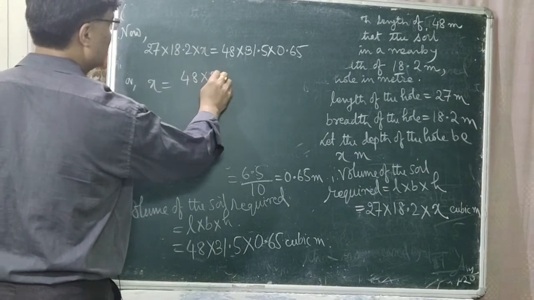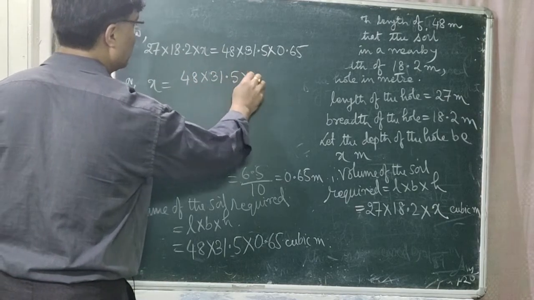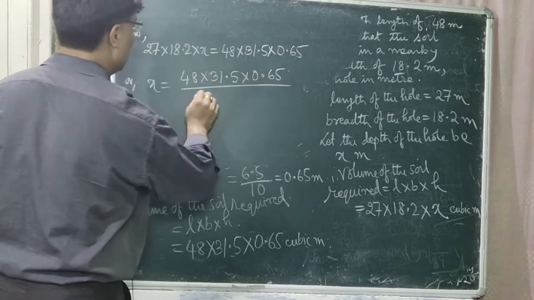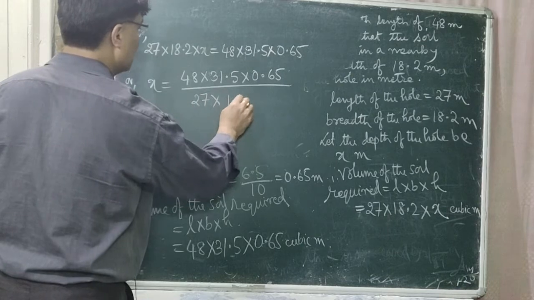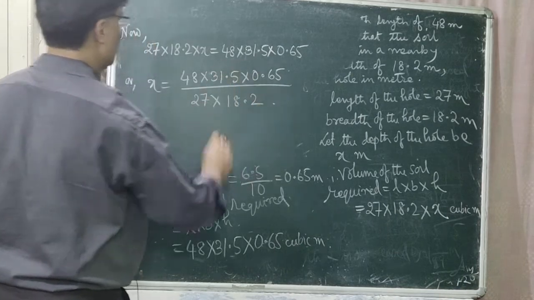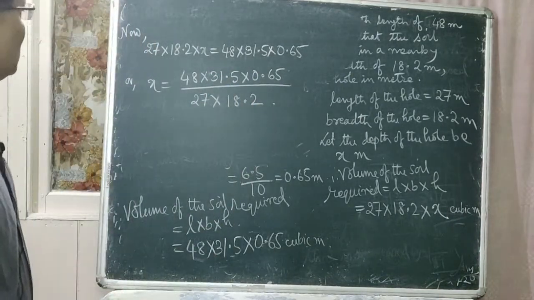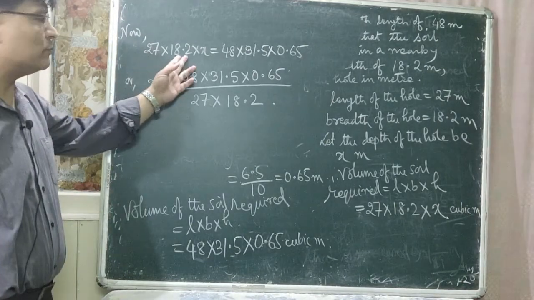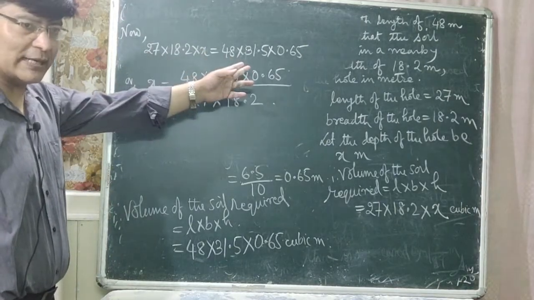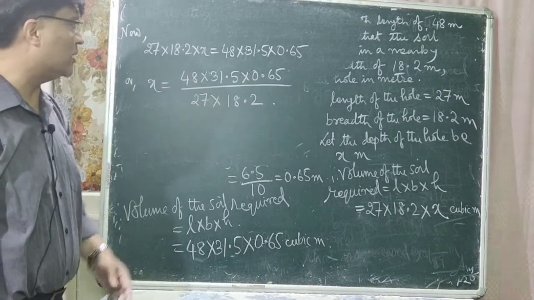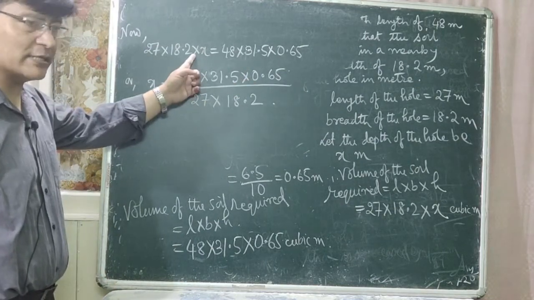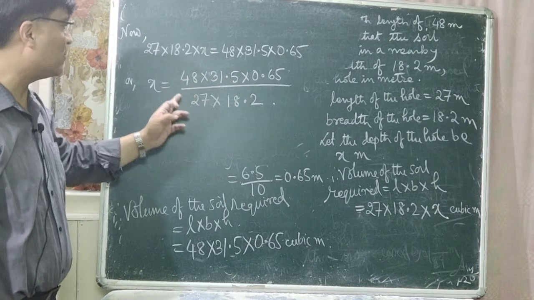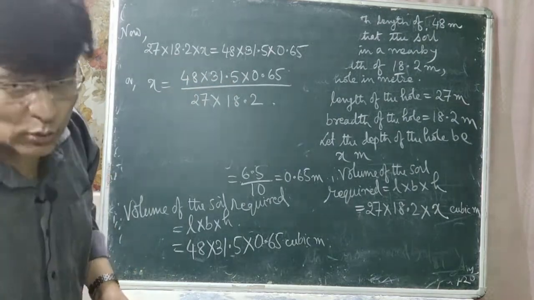Now 48 into 31.5 into 0.65 divided by 27 into 18.2. Is that clear to all of you? So when this 27 into 18.2 goes to the right-hand side, you can write it in the denominator, because this is a multiplication sign.